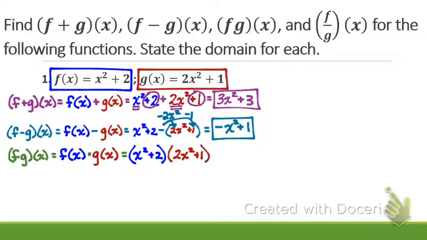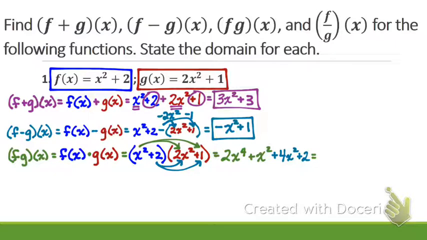So I'm going to need to double distribute that. X squared times 2x squared gives me 2x to the 4th. X squared times 1, I just get x squared. But then I still need to distribute the 2 to both pieces. So I get plus 4x squared plus 2.